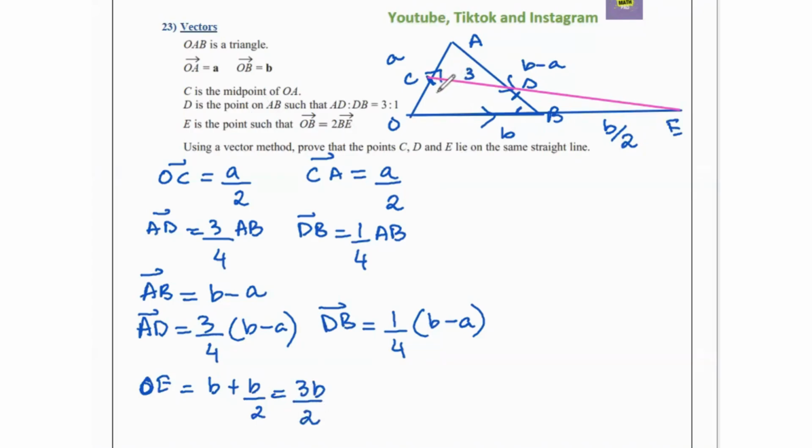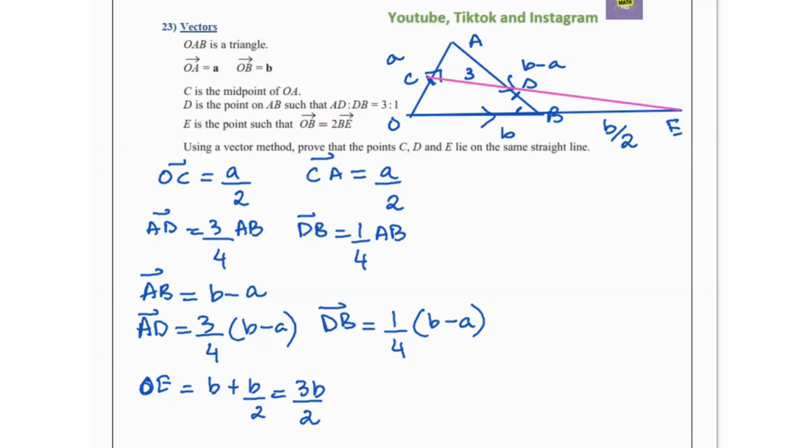To prove that C, D, E lie on the same straight line, what we can do is find the vector for line CE, and then we can find the vector DE or CD, and then use that to show that all 3 points lie on the same straight line.